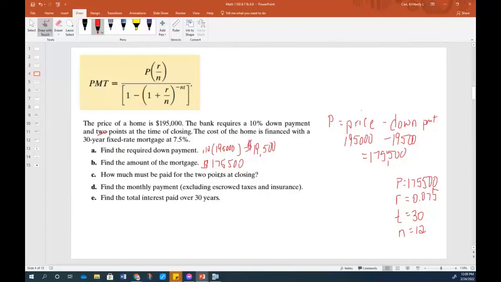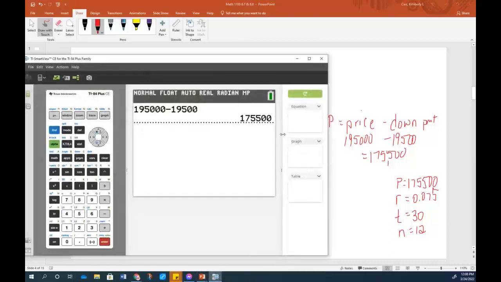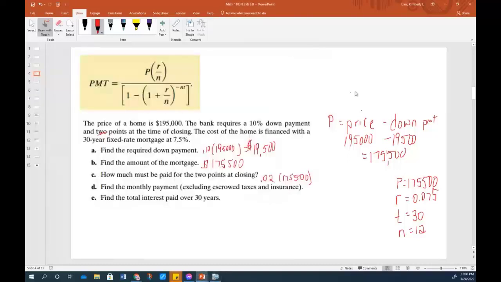And it is 2% of the amount financed, because 2 points, 1 point's 1%, so 0.02 times 175,500. So we'll bring our calculator back up, take that 175,500 that's already in there and multiply it times 0.02. And we find out that that's a $3,510 fee. $3,510 for the 2 points paid at closing.